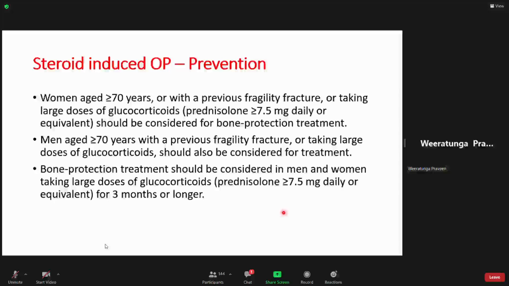But prevention is recommended when you're on prednisolone, usually more than 7.5 mg daily for 3 months or longer. That is the usual guideline. But remember, any dose of steroids can cause osteoporosis. But prophylactic bisphosphonate therapy is recommended at this level of steroids, right? 7.5 milligram daily of prednisolone for 3 months or longer.